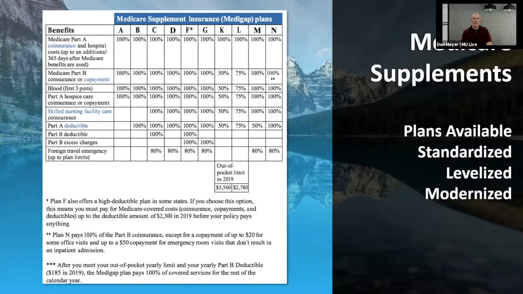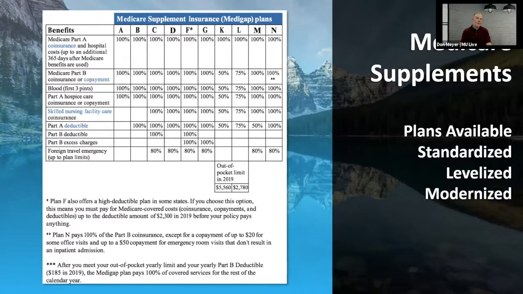So some plans went away, like those letters I just mentioned, and other plans had to be updated. So Plan D got updated. The home health care benefit got taken away, and all the hospice stuff got moved around. So now the plans are modernized.